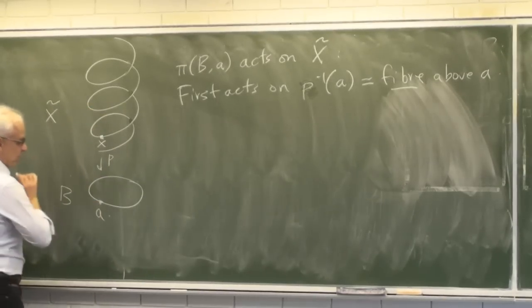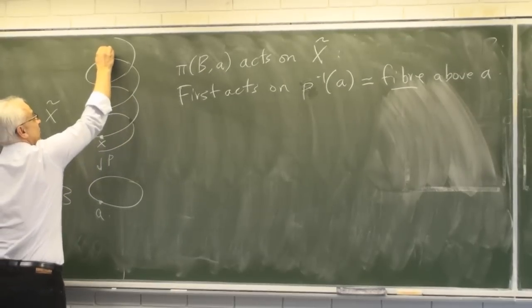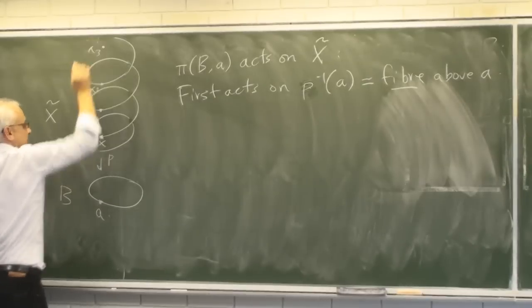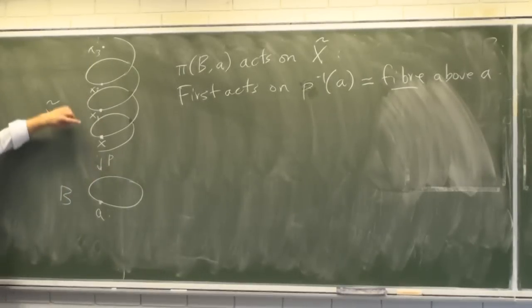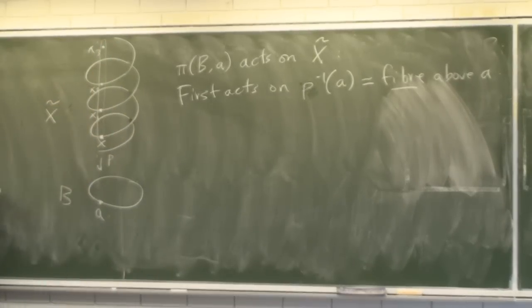If we look at the inverse image of A, it's got not just this point X, but also all these other points, maybe X1 and X2 and X3 and so on. These points are called the fiber above the point A.